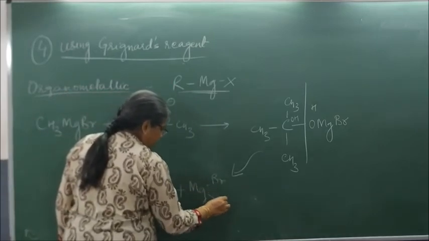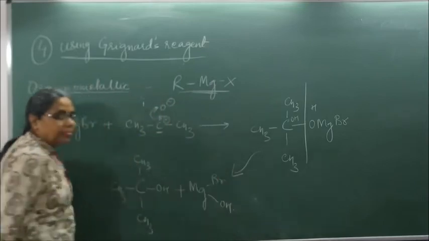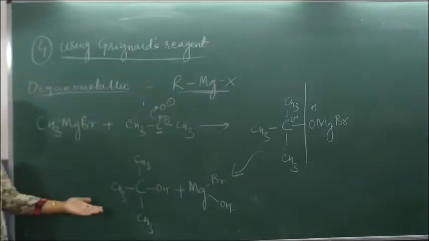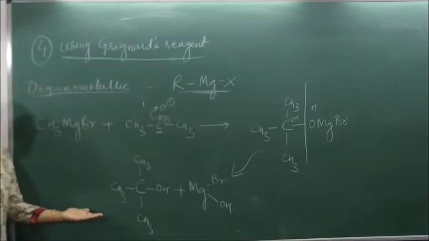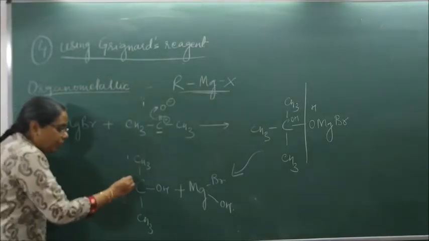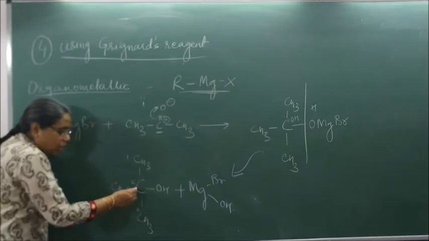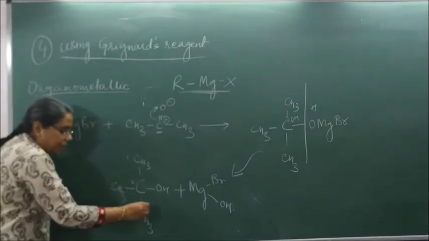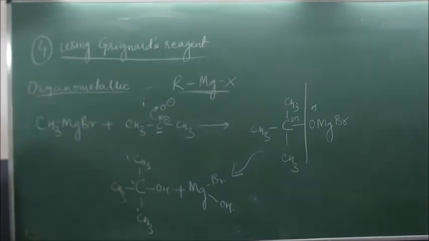MgBrOH. Name of the compound, it is a tertiary alcohol, commonly called as tertiary butyl alcohol, or in IUPAC it will be called as what? 2-methylpropan-2-ol, or tertiary butyl alcohol.